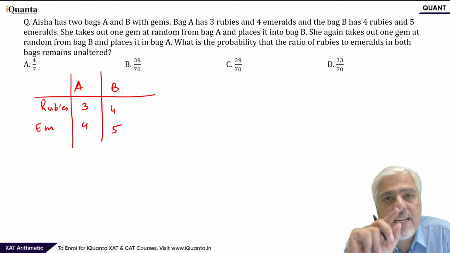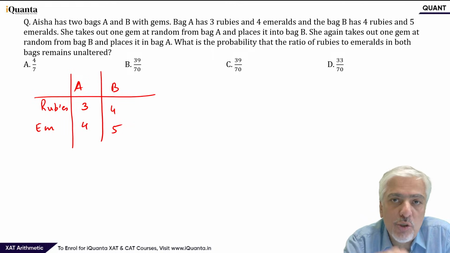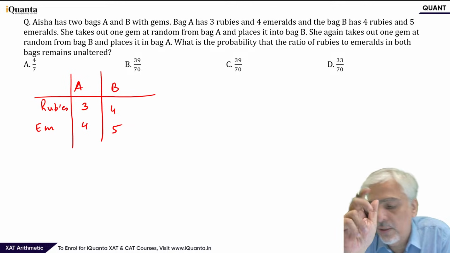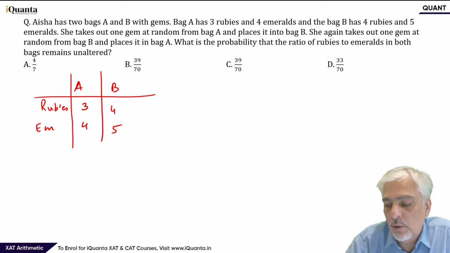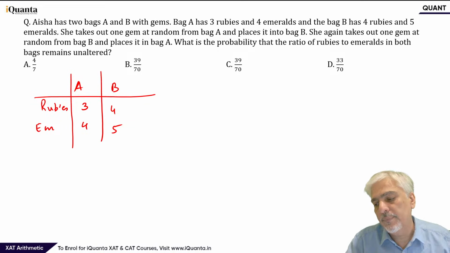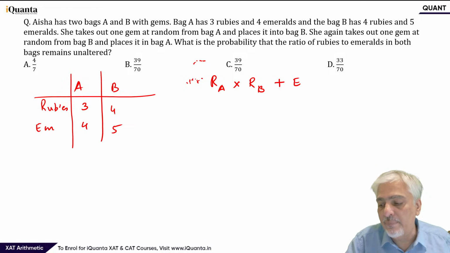So two cases. Case 1, ruby in bag 1 multiply by ruby in bag 2, or emerald in bag 1 multiply by emerald in bag 2.